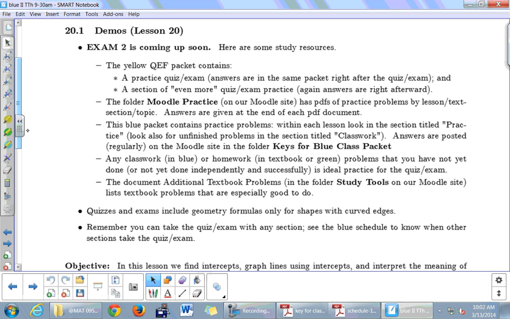It's not too early to start studying for exam 2, and I want to say that exam 2 is perhaps the most important assessment of the whole year, because not only does it replace quiz 2 if you do better on exam 2 than you did on quiz 2, but exam 2 is the only exam that actually replaces another exam. Exam 2 will replace exam 1 if you do better on exam 2. If you do better on exam 2 than exam 1, then the exam 1 grade disappears and becomes exam 2.